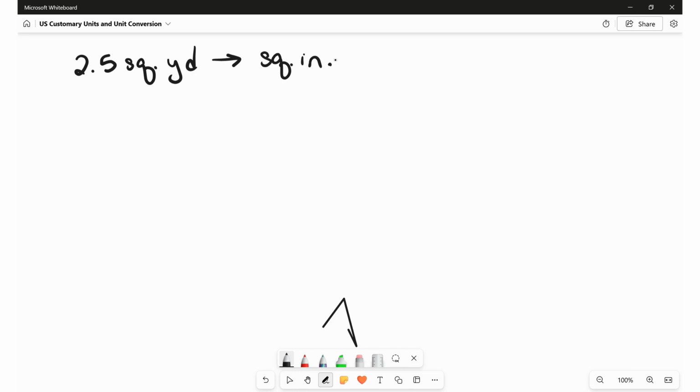The first thing that we need to do is look at our conversion from square yards to square inches. The conversion that we know from our conversion chart is that 1 square yard is equal to 1,296 square inches.